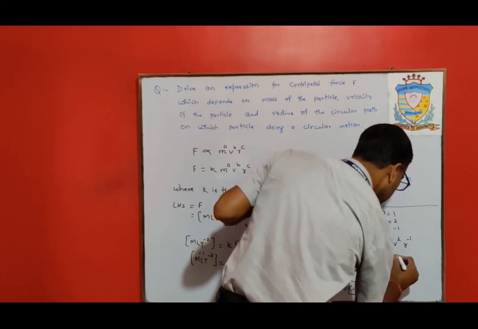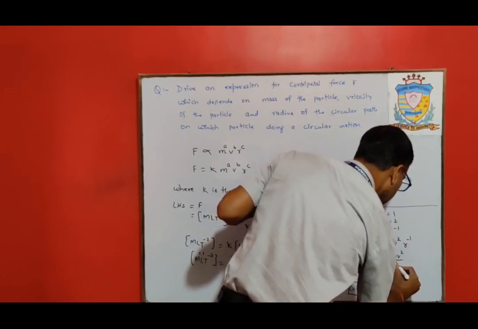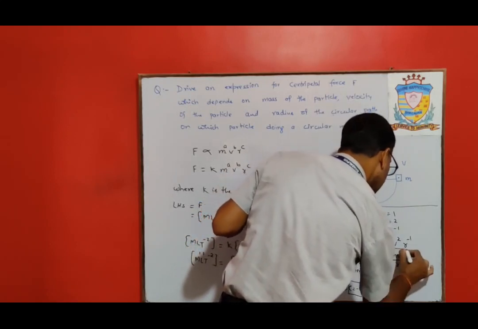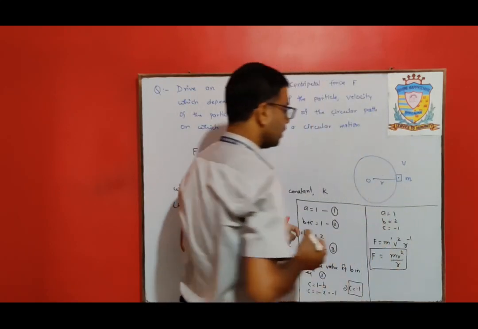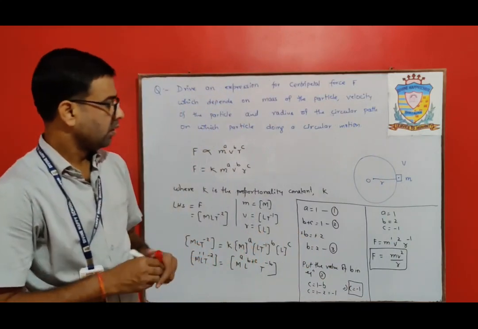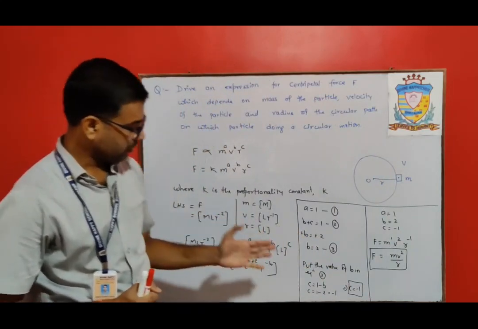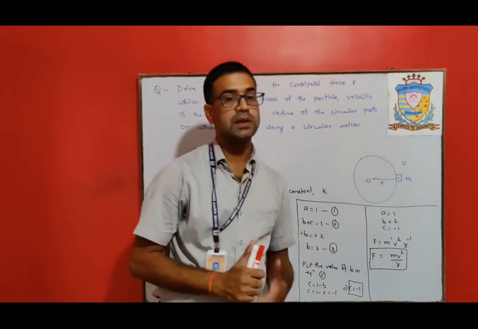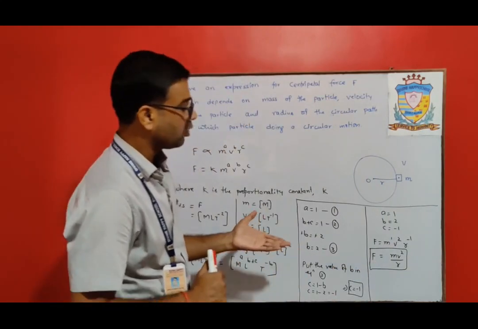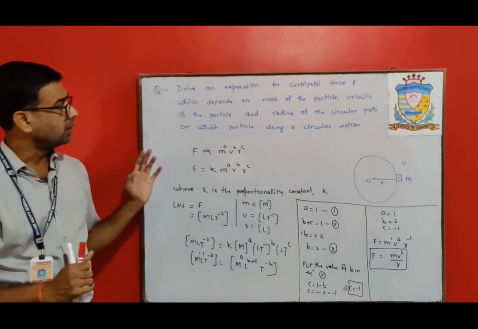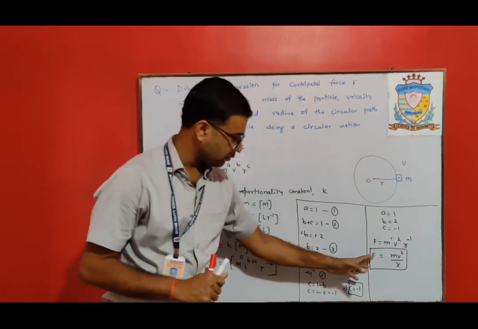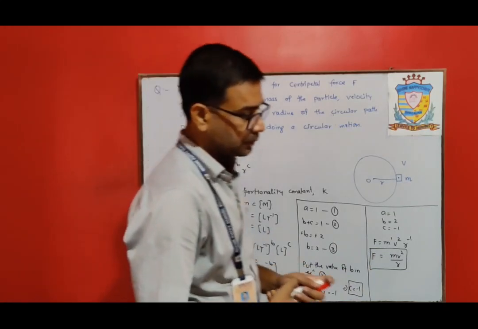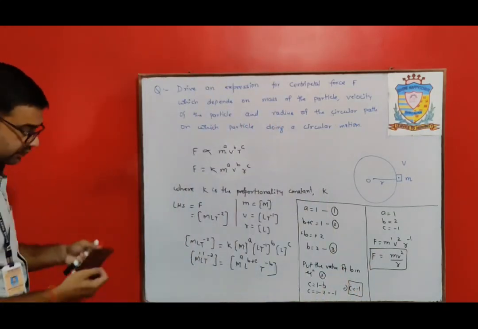So we can say mv square by r. So this is the relationship, or you can say this is the expression for centripetal force, that is mv square by r. As we have already studied in class 9, the value of centripetal force is mv square by r. Clear? Okay.